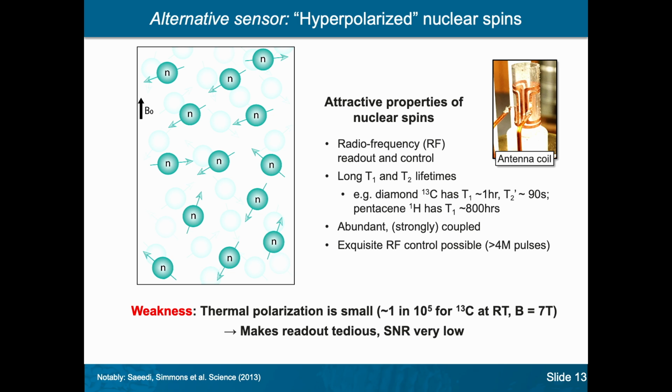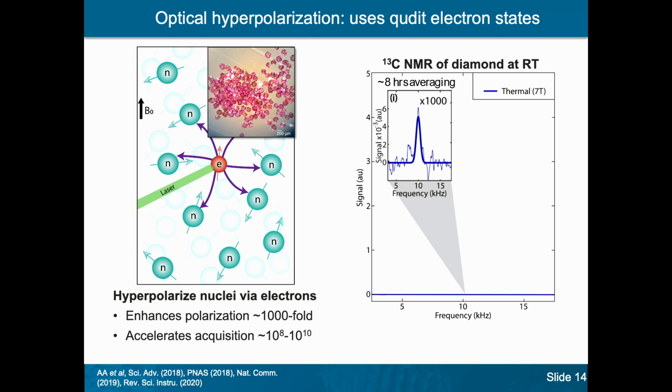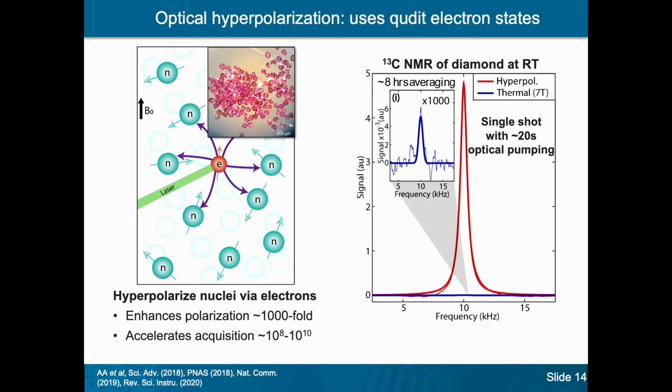It's like 2.5 months. Usually the signal is so low that you can't detect it. And it's possible through some techniques using the 3-level property of this NV center that you can actually spin polarize. You shine light, the NV center gets polarized, and you transfer the polarization to the nuclear spins, and the nuclear spins get polarized, and this thing just lights up, and it's got a very high signal to noise.